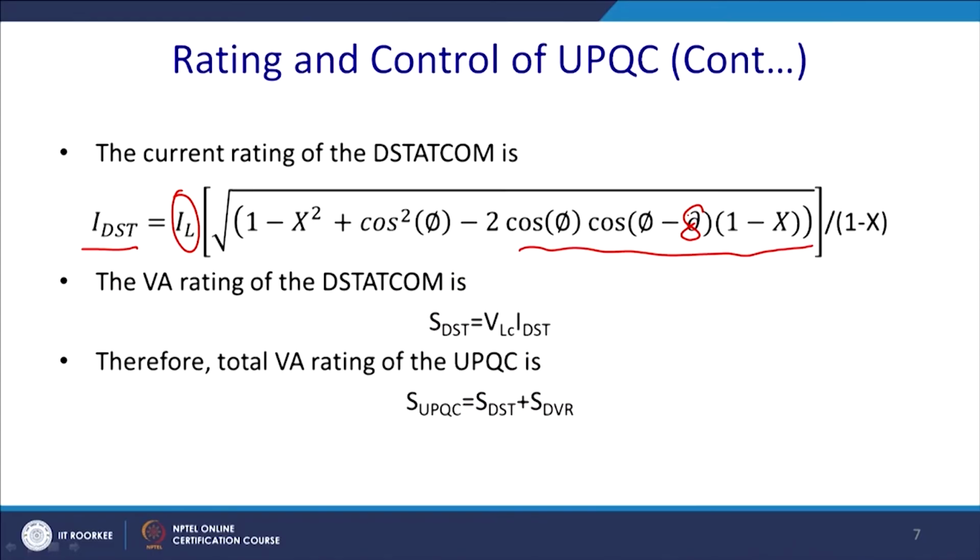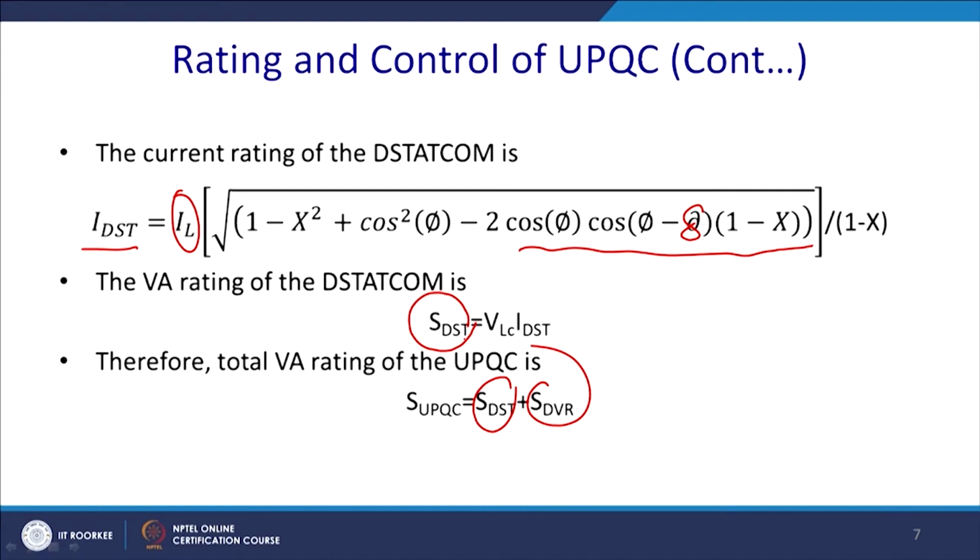Assuming that the VA rating is basically I_S dt equal to the load voltage after compensation times I_DST. Therefore, the total rating of the UPQC will be the sum of these two ratings, that is I_DST, the D-STATCOM rating, and the DVR rating. So, total will have the same rating.